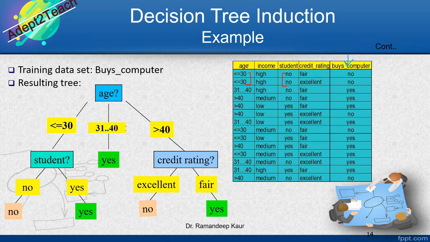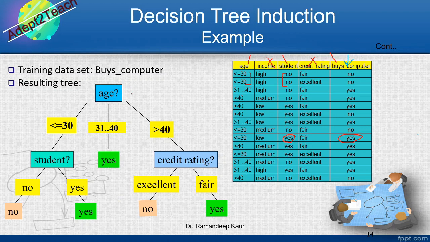When we have a split point, that is age is less than or equal to 30 and the student rating is no, then buys computer is no. Or if age is less than or equal to 30 and the student rating is yes, then buys computer is yes. This criteria is not dependent upon income or credit rating. So likewise we will convert it into a decision tree structure.